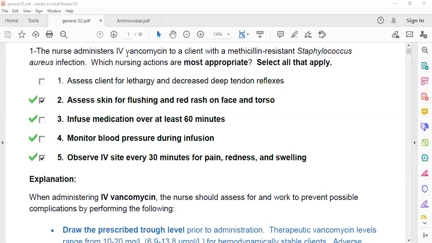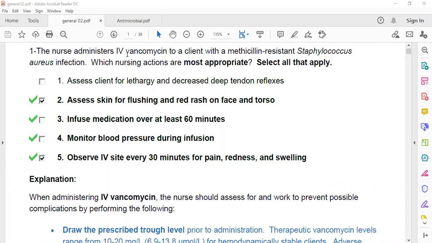What we need to know about vancomycin: its therapeutic index is very narrow. When any medication's therapeutic index is very narrow, we monitor the blood level of that medication, otherwise it causes adverse effects or toxicity.